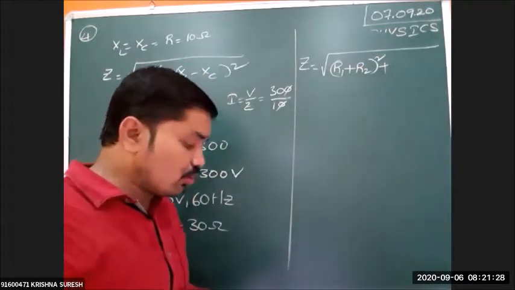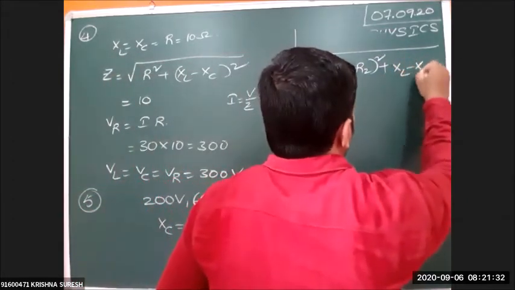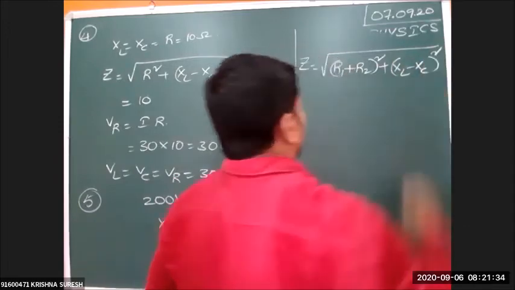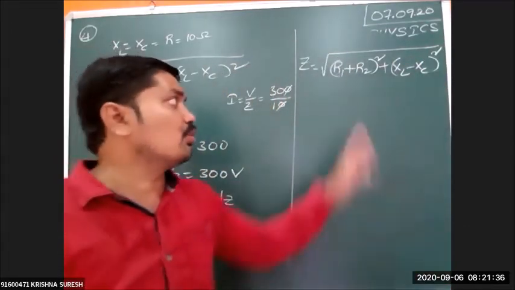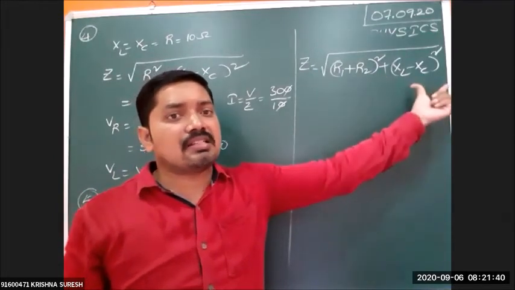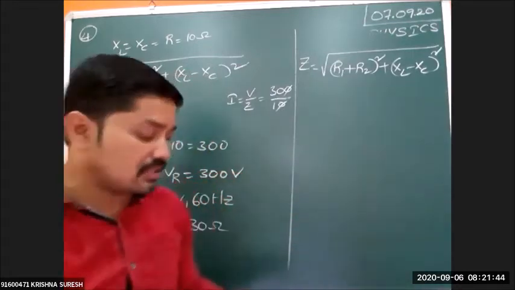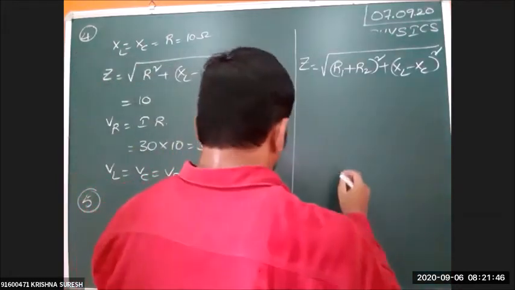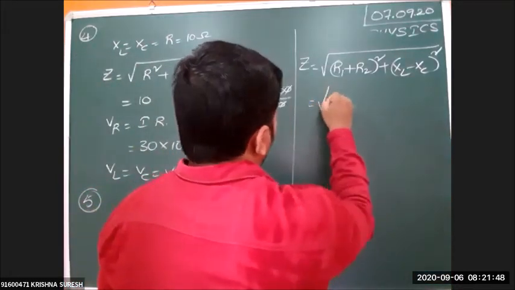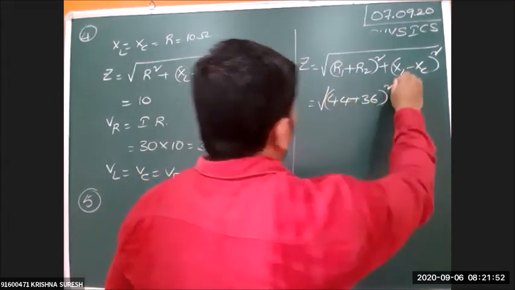And here two reactances are there. Those two are nothing but inductive and capacitive reactance. So finally impedance is resistance square plus resultant reactance square always. But here two resistances are there. What are the resistances? That are nothing but 44 and another one is 36, whole square.